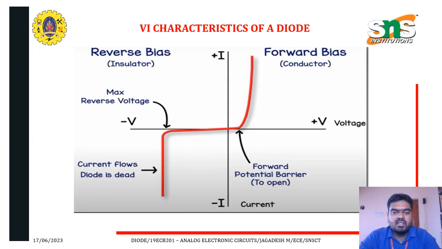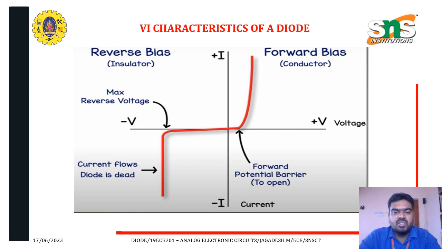Here the voltage-current characteristics of a diode are given in this slide. In forward bias, after reaching some particular voltage level, the threshold voltage or reference voltage, current conduction takes place. But in reverse bias, even if we increase the voltage to a very high level, there won't be any current flow.